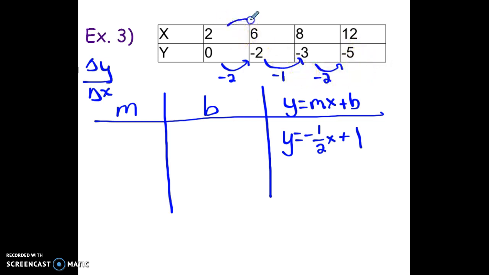But let's check our run first. So this is positive 4, right? And then this is positive 2. And then we're back to positive 4. So what you need to pay attention to is if we were just doing the slope from these 2 points, our slope would be negative 2 over 4, right?